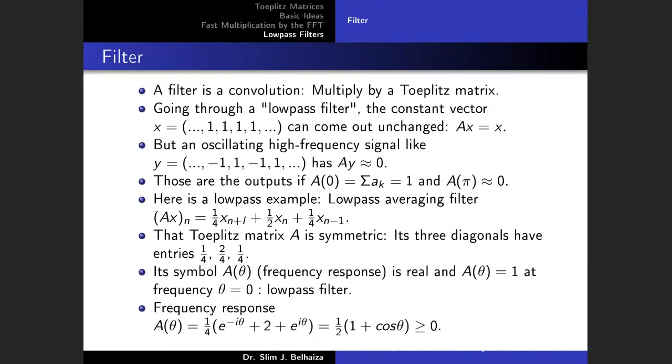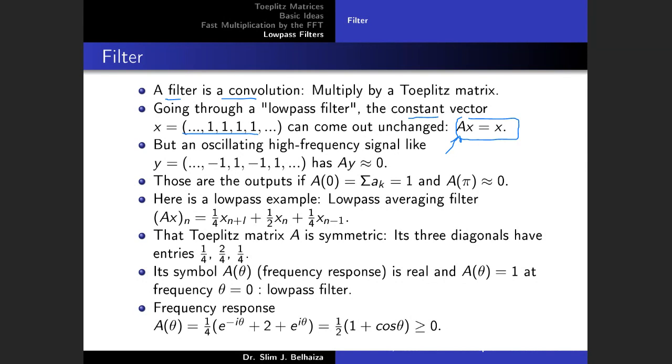Now, the last part of the content of the slides is about what we call low-pass filters. So, what is a filter? It is a convolution, and it is obtained by multiplication by a Toeplitz matrix. Going through a low-pass filter, the constant vector, which is all ones, comes out unchanged, such that if you multiply by the Toeplitz matrix A, you obtain back x.